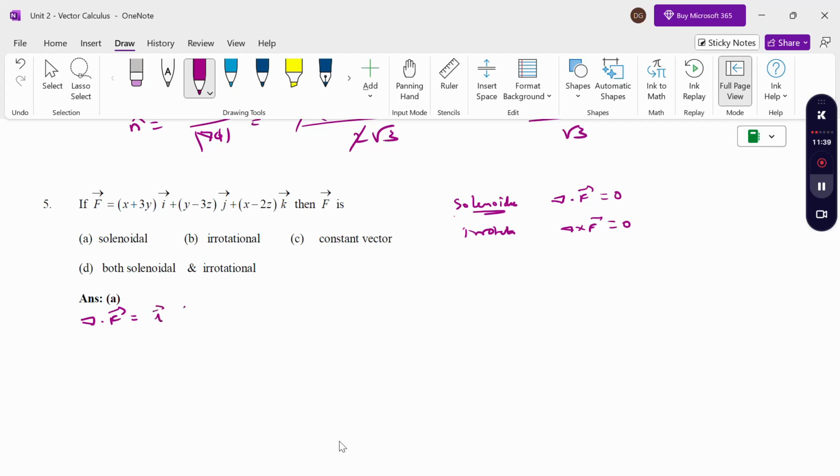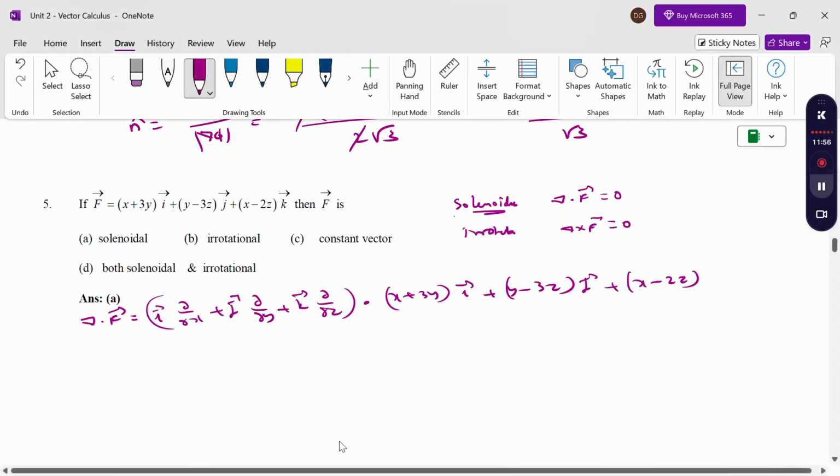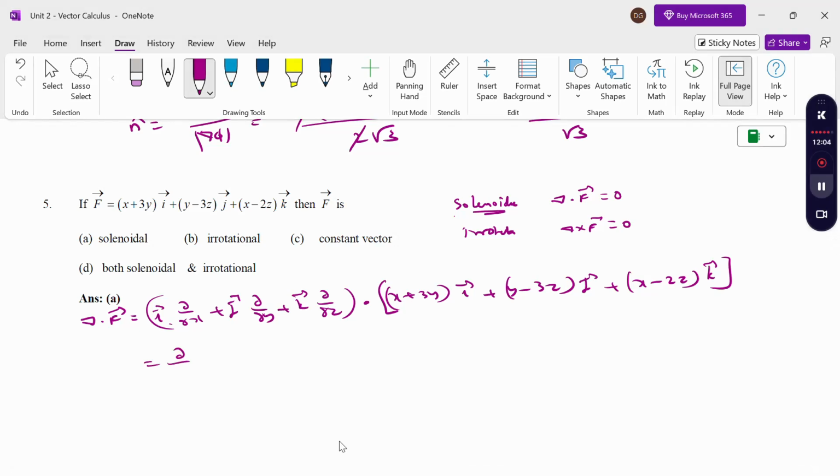Del is I into dou by dou x, j into dou by dou y, k into dou by dou z, dot x plus 3y I vector, y minus 3z j vector, x minus 2z k vector. Here I dot I is 1, other values 0, so dou by dou x of x plus 3y.